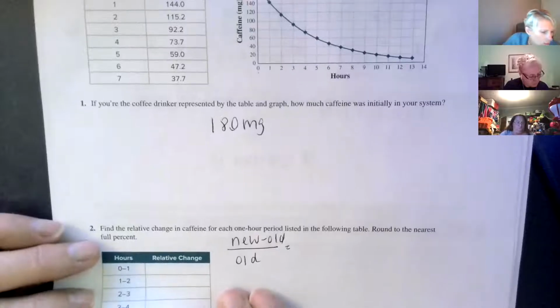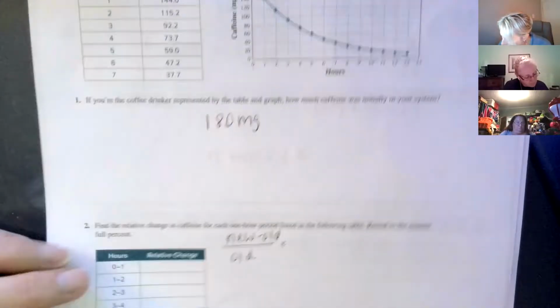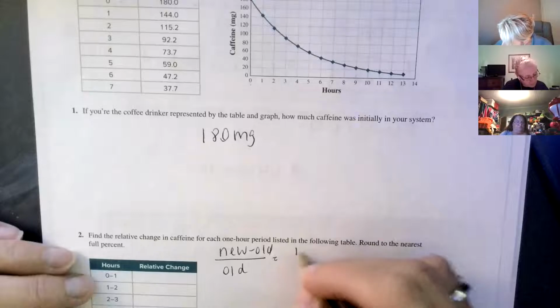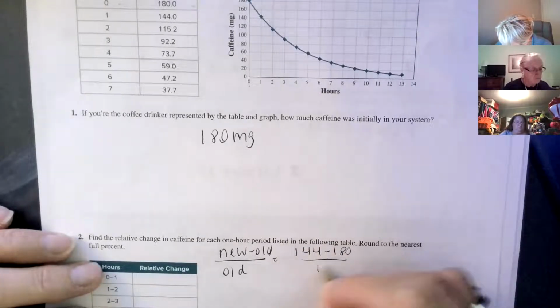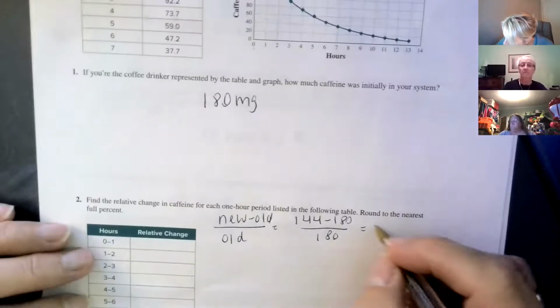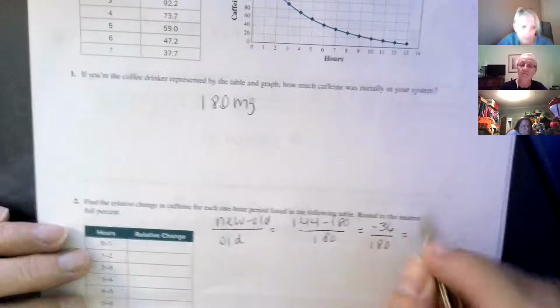And so I'm going to write out what the first one would look like. I'm going to do 144 minus 180 over 180. That's an example of one of them. So this would be a negative 36 over 180.